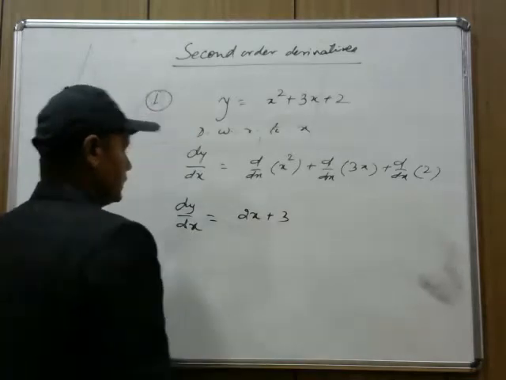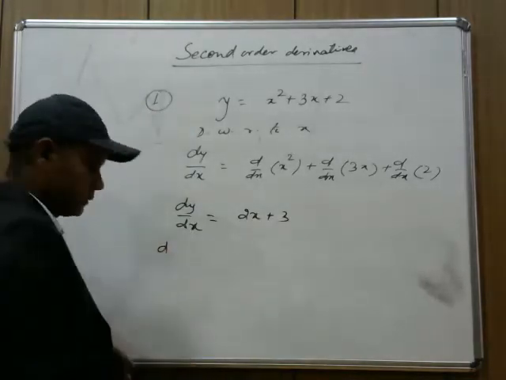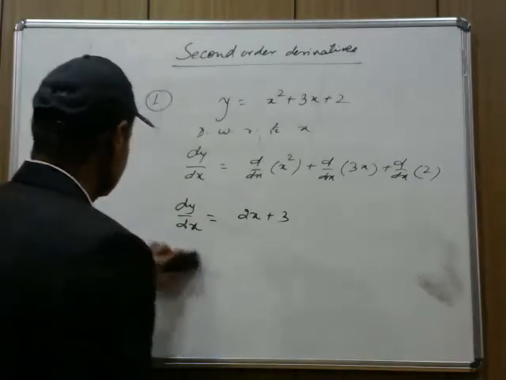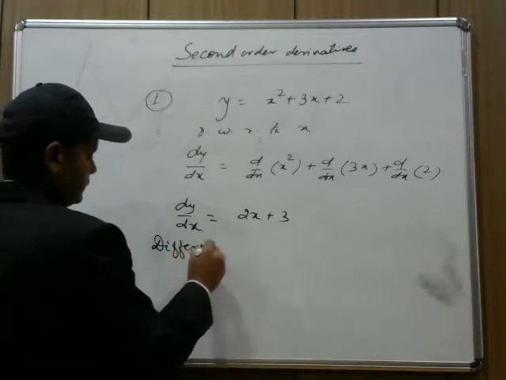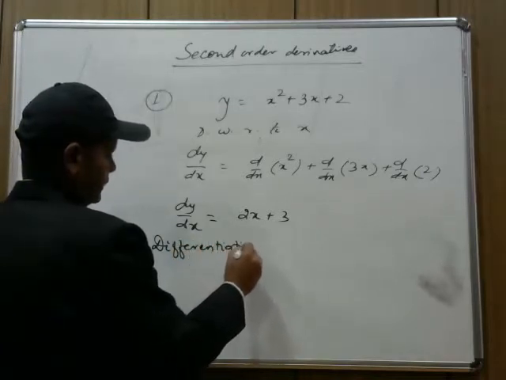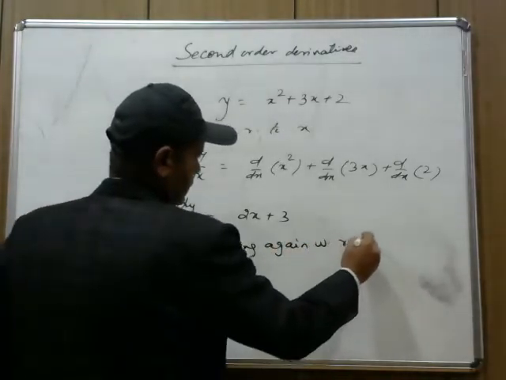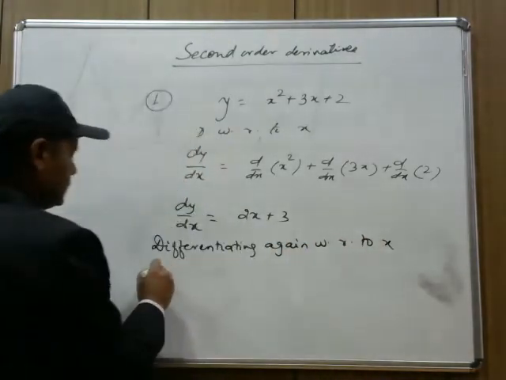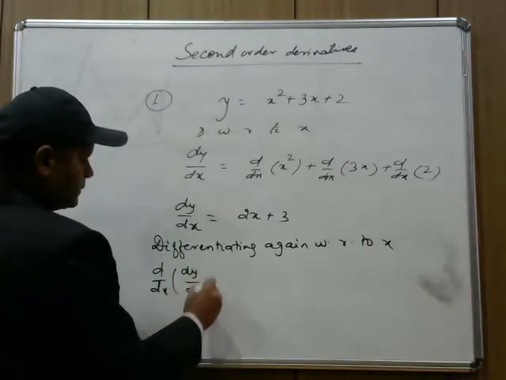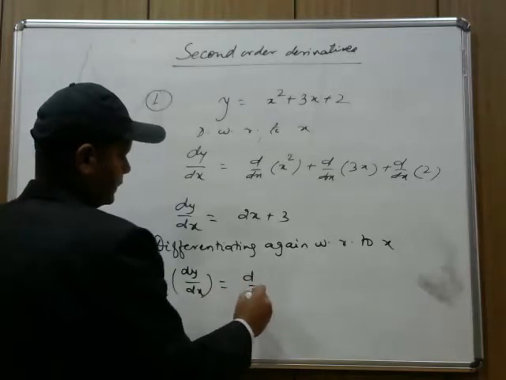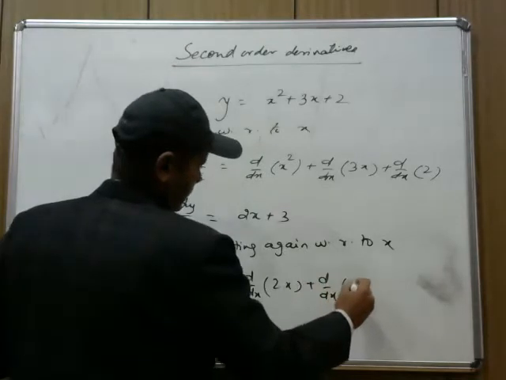The derivative of 2 will become 0. Now I have to differentiate again with respect to x. So now d by dx of dy by dx is equal to d by dx of 2x plus d by dx of 3.